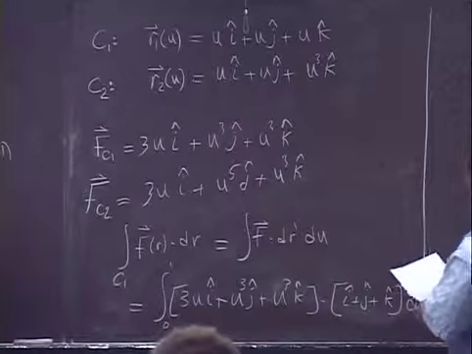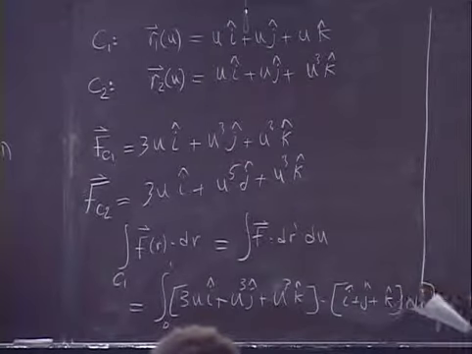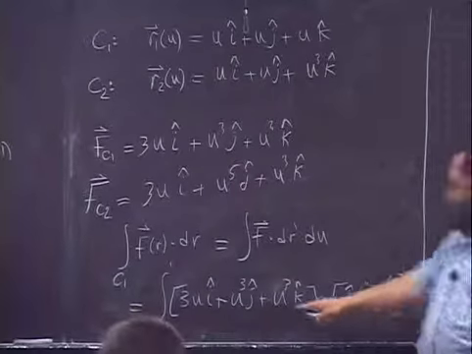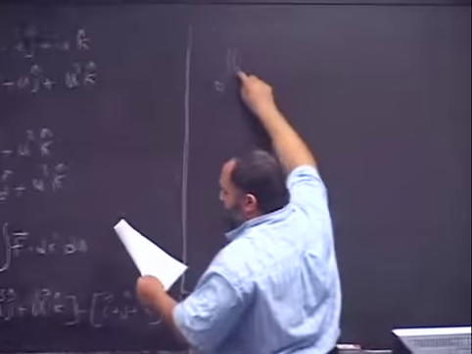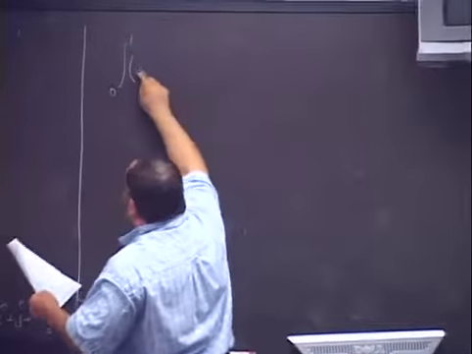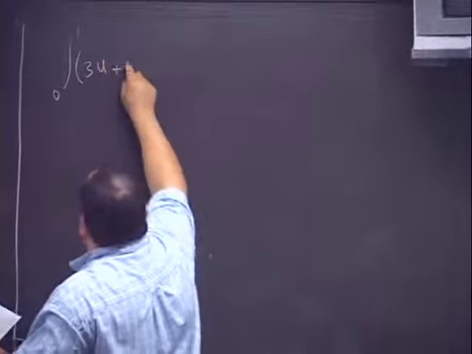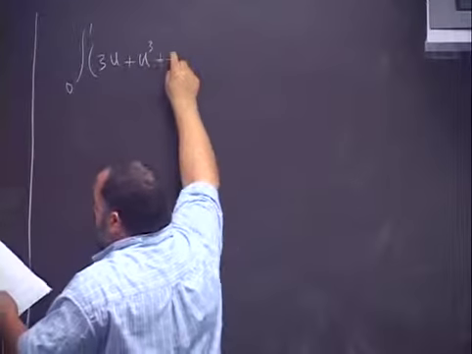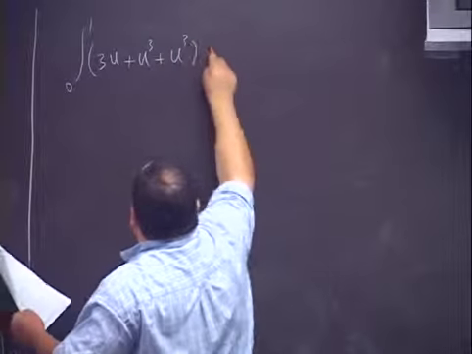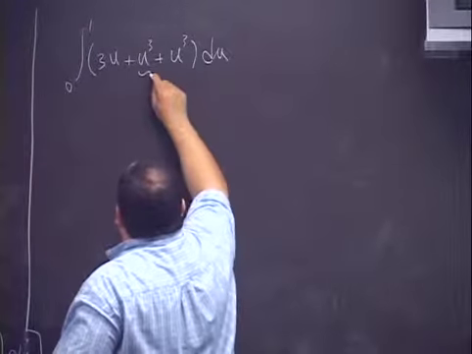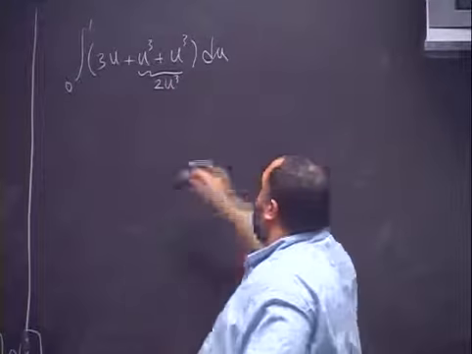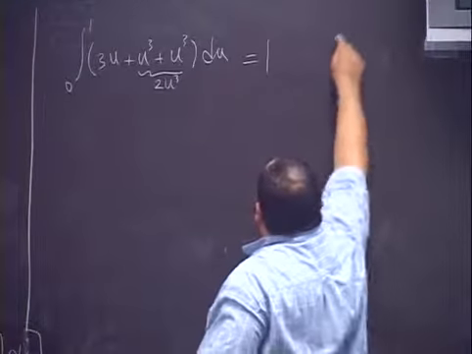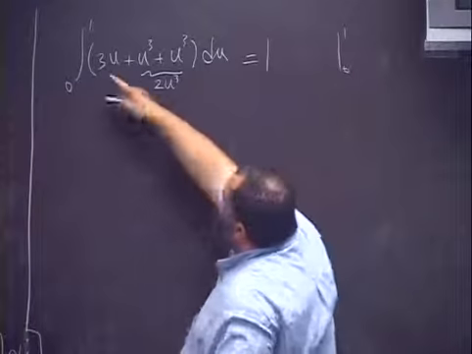So now, do the dot products here. So this would be what? 3u. From 0 to 1, this will be what? 3u plus 3u cube plus u cube du. This is what? 2u cube. This will give you what? 3u, what's the integration?